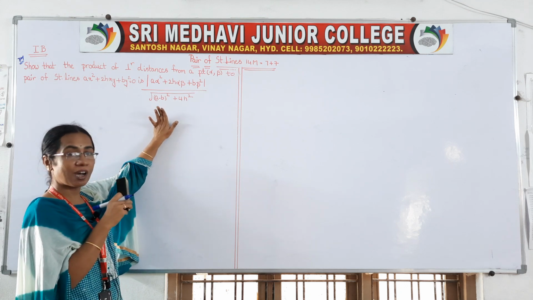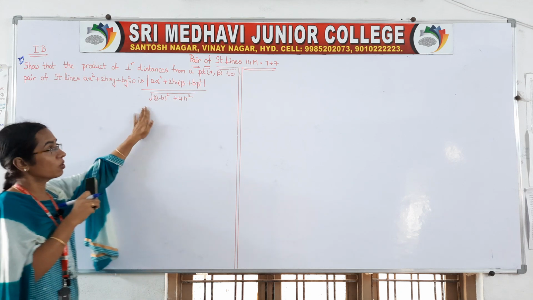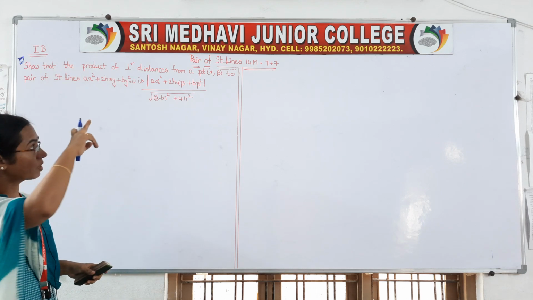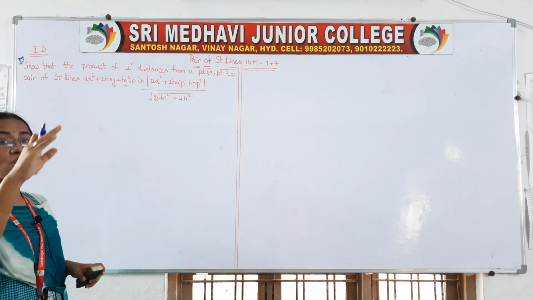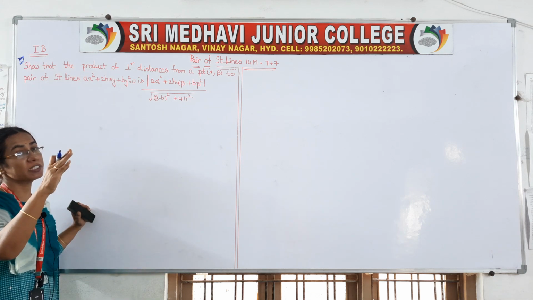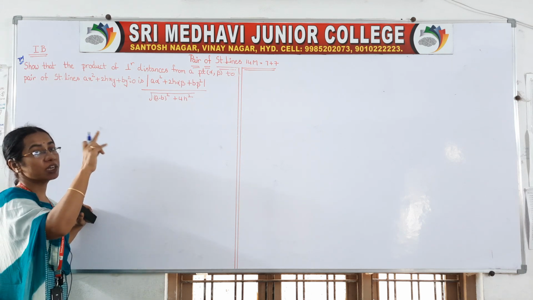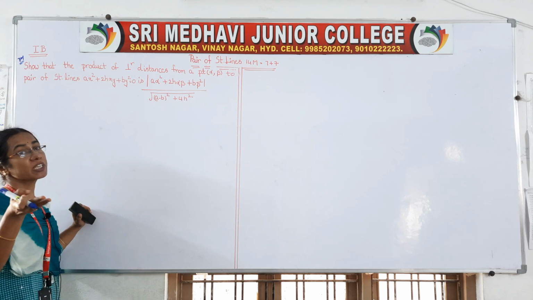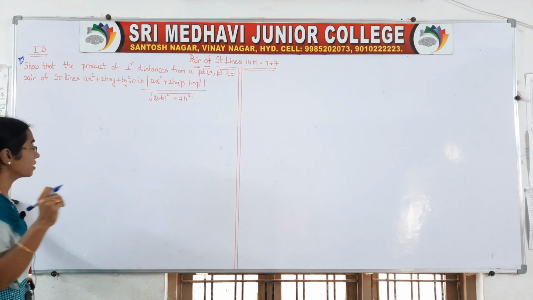That means you know the answer of the question. So we have to find the perpendicular distance from P alpha comma beta to the first line OA, and next the perpendicular distance from P alpha comma beta to the second line. What is the second line? OB, that means L2x plus M2y is equal to 0.